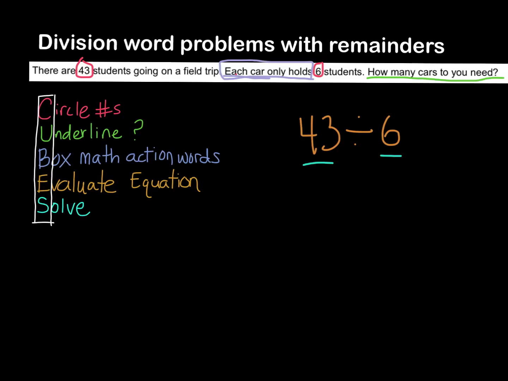I'm going to try multiples of 6, and it's going to look like this. I'm going to take away 3 multiples of 6. So that's times 3. 6 times 3 is 18. And I'll do that subtraction.